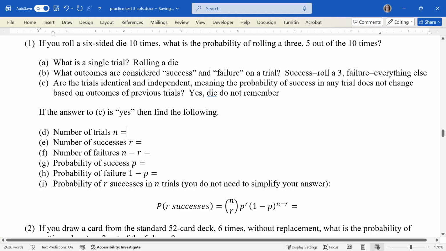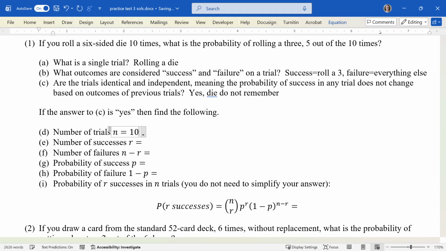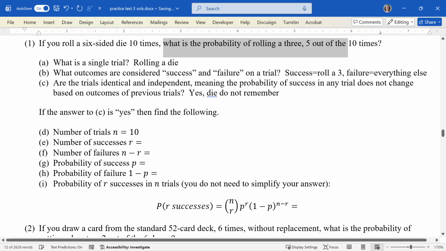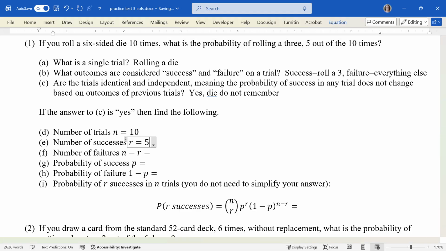Okay? All right, so the number of trials here that I'm interested in is 10 times. That is 10. The number of successes that I'm interested in, what I'm trying to get the probability of, is rolling a 3, 5 of those times. So that's 5. And then since I have 10 trials and I want 5 successes, the number of failures then is 5. Probability of success, this means on any single trial.